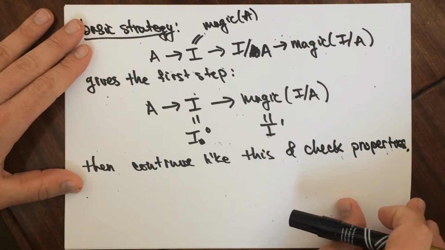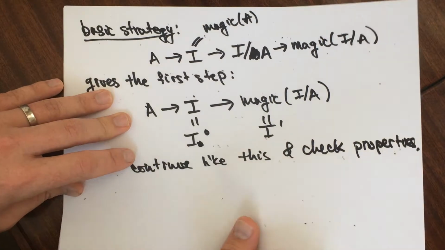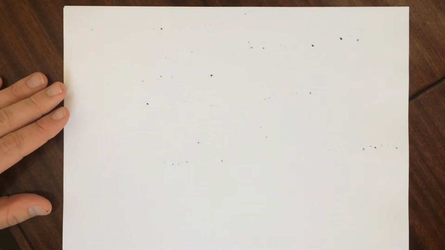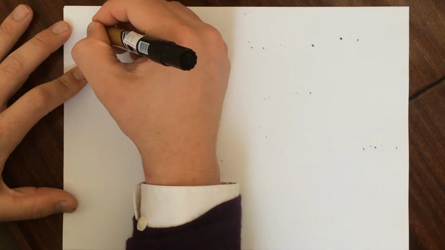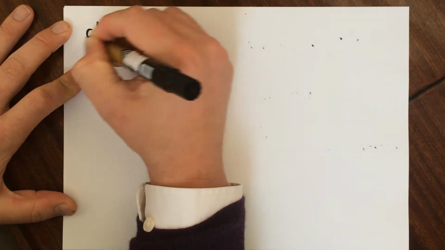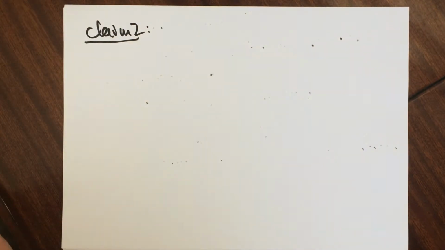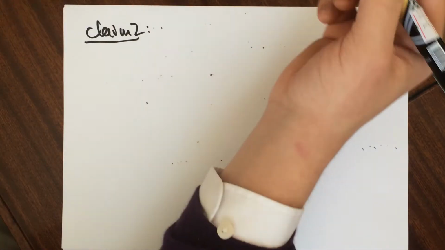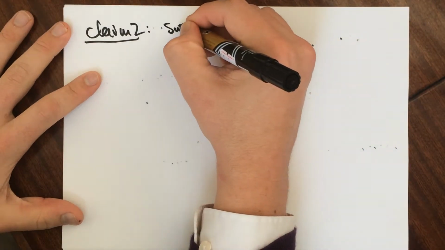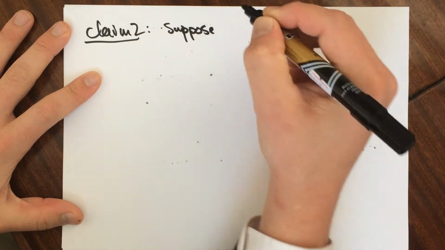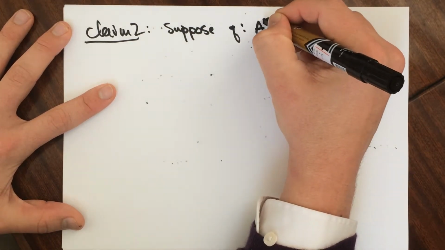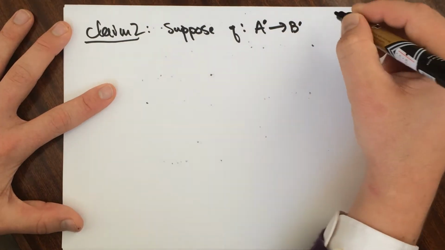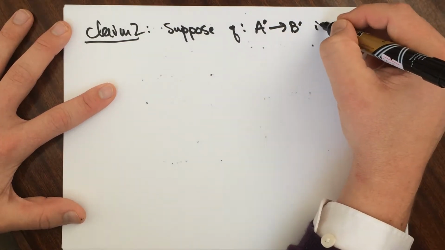Let me give you another claim. Fact 2, claim 2, which I'm not going to prove, is: suppose that Q from A bullet to B bullet is a quasi-isomorphism.